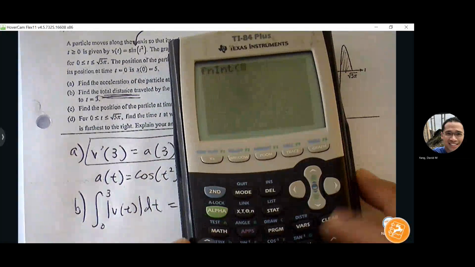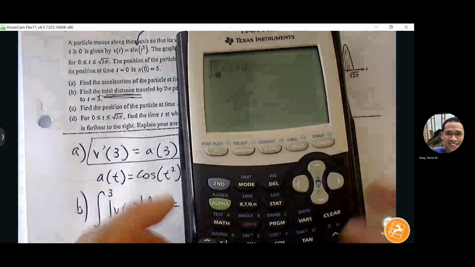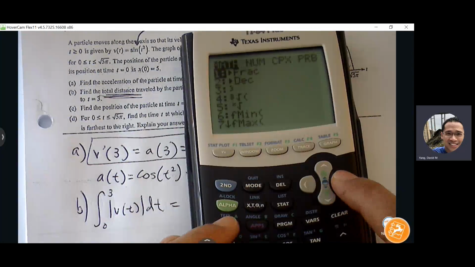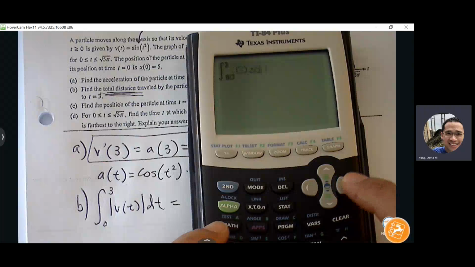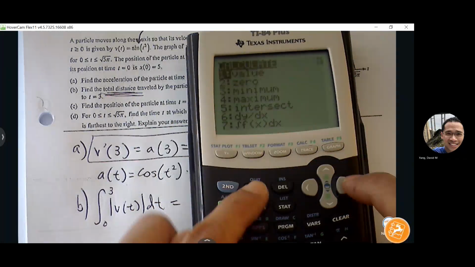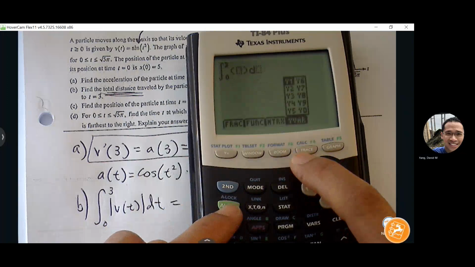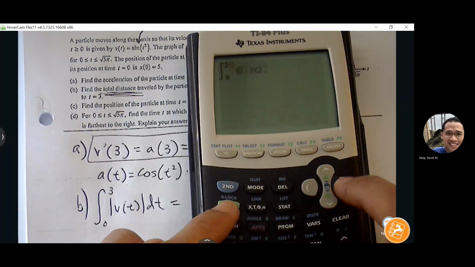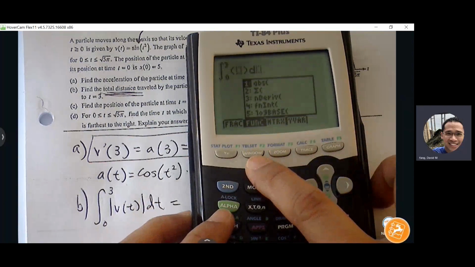Math 9. Now I can find the absolute value under math number, ABS, but I think there's another place you can find it. There's a shortcut menu: alpha function, alpha window.